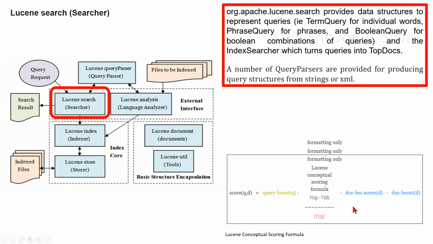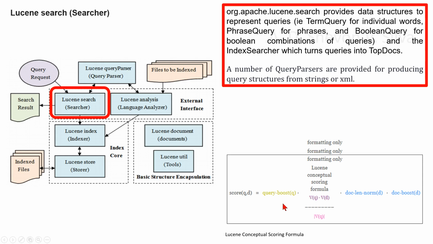The conceptual formula is a simplification in the sense that terms and documents are fielded, and the two boosts are usually per query term rather than per query. Now we describe how Lucene implements this conceptual scoring formula and derive Lucene's practical scoring function.